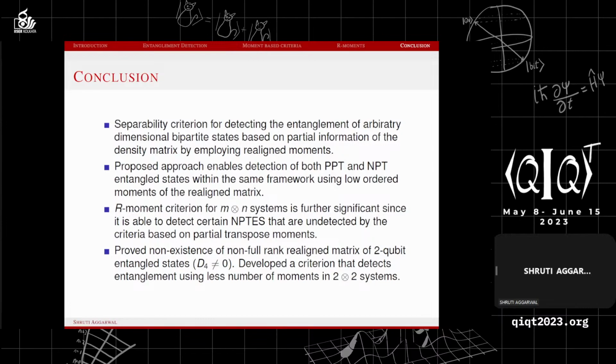So that means the last coefficient D4 is non-zero, and then all the moments T1, T2, T3, and T4 will be employed to calculate the inequality, and for that much information will be needed. So we have given another criteria, especially for 2x2 systems, which is based on 3 moments T1, T2, and T3, and we have shown that it can also detect entanglement using a smaller number of moments.